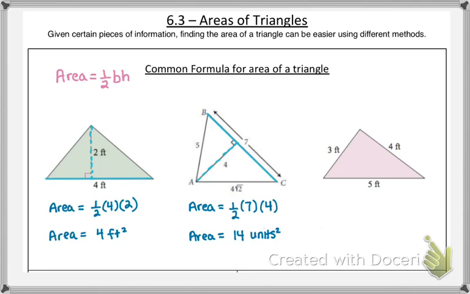And then this last one, although it looks like I don't have the height, in fact I actually do, because if you recognize these three sides, 3, 4, 5 is actually a Pythagorean triple, meaning that 3 squared plus 4 squared equals c squared satisfies the Pythagorean theorem.